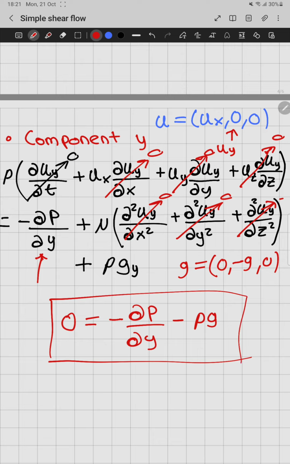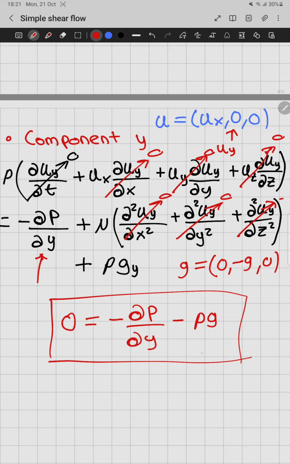This equation is actually a very famous equation. It's called the hydrostatic equation. If the gravitational effects are important in y direction, there is another force. Remember that the Navier-Stokes equations are a balance of forces.